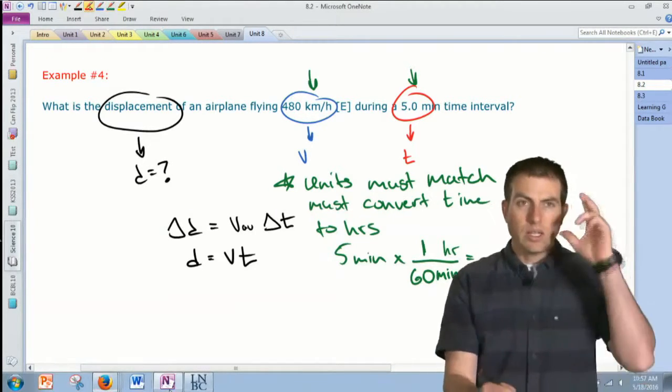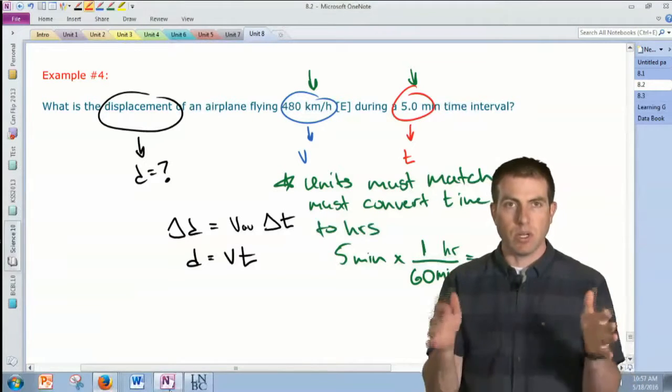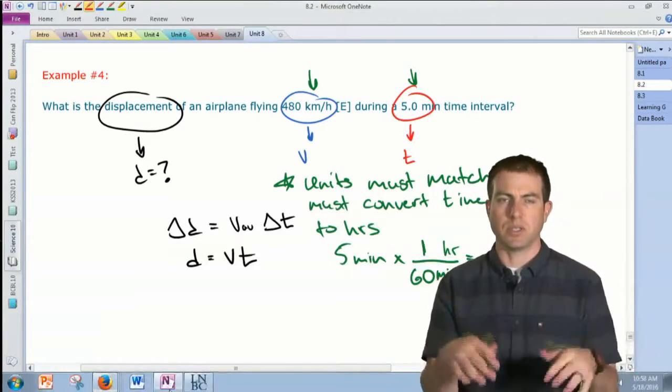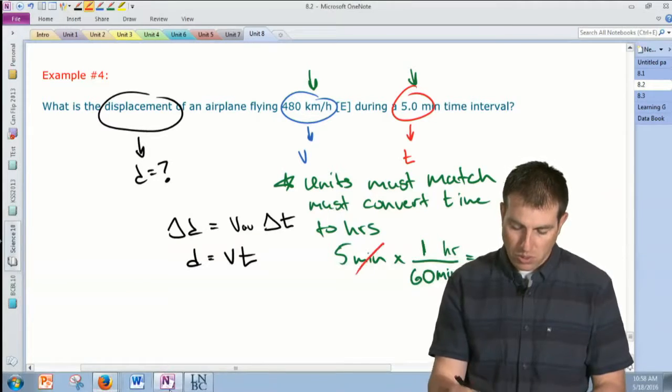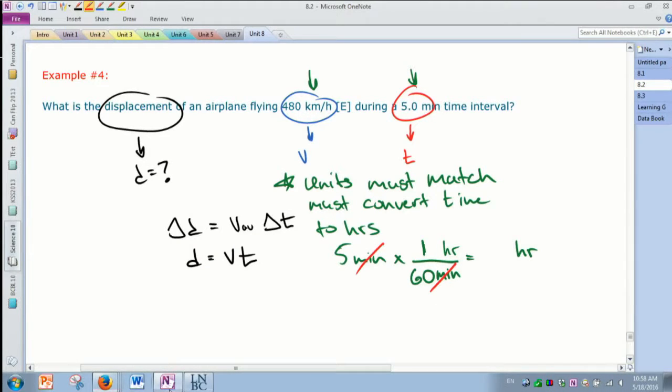So don't get into the habit of going, okay, I'm converting times, I'm going to divide by 3600 or multiply. That's not what's going on. You have to use your mind a little bit here. So 5 divided by 60, or 5 times 1 divided by 60, is 0.083.